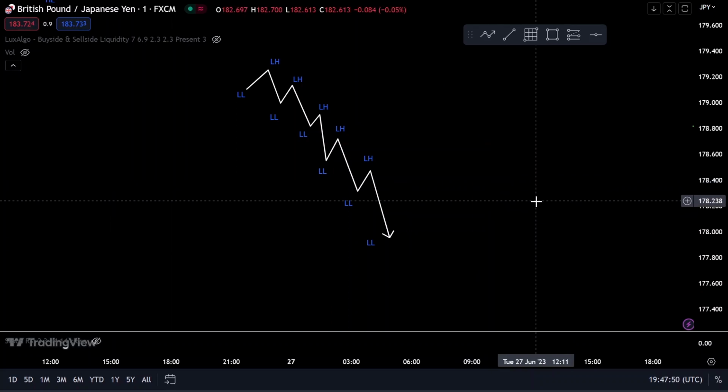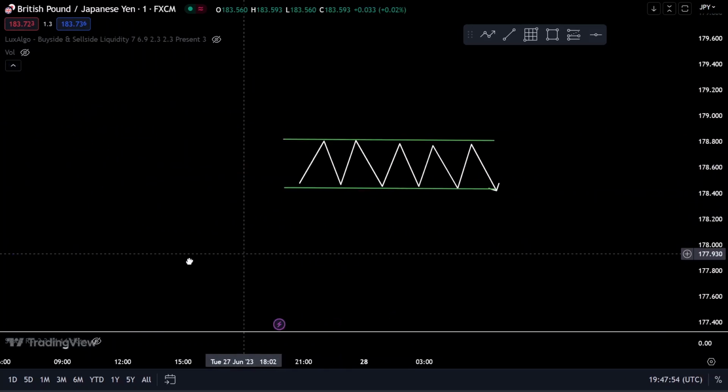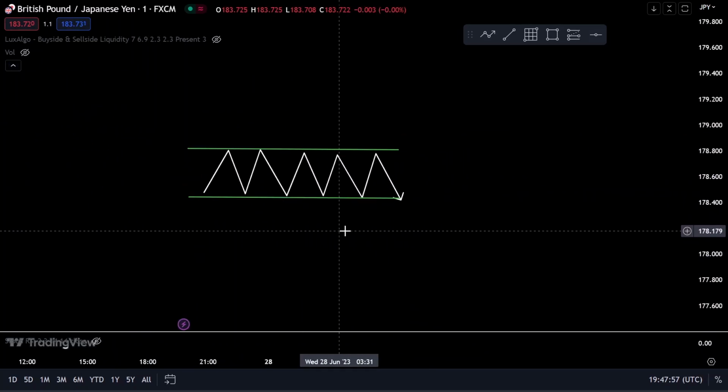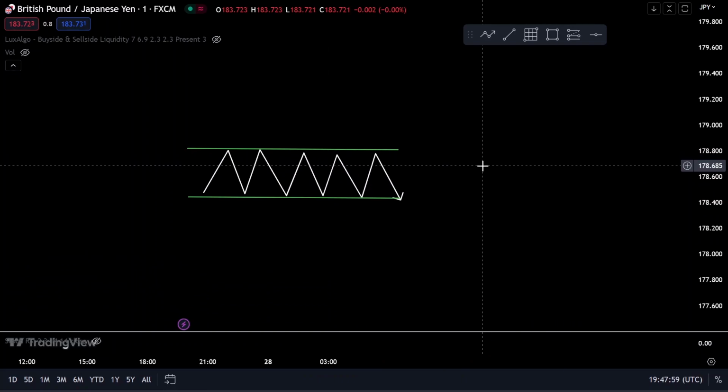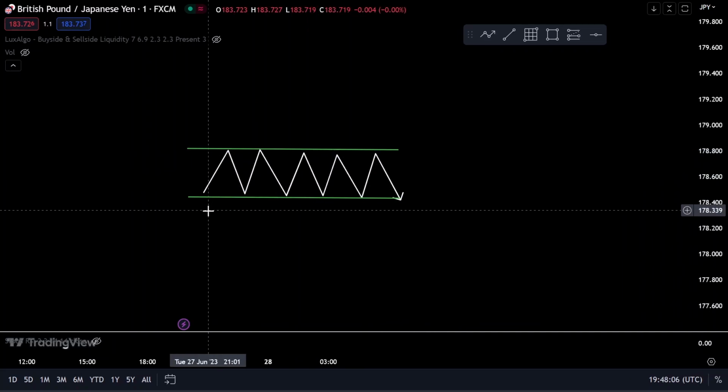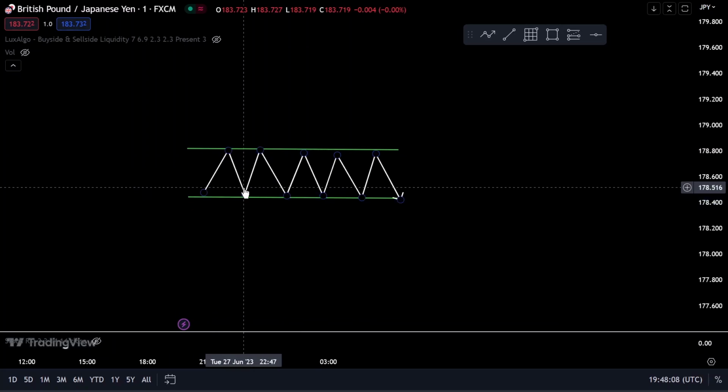And the last of it all is that sometimes the prices of a market can form what we call a range. With a range, we mostly say that the price or the market is consolidating. With this, we don't know the actual direction of the market, whether it will move upwards or downwards. So this is what we call a range.